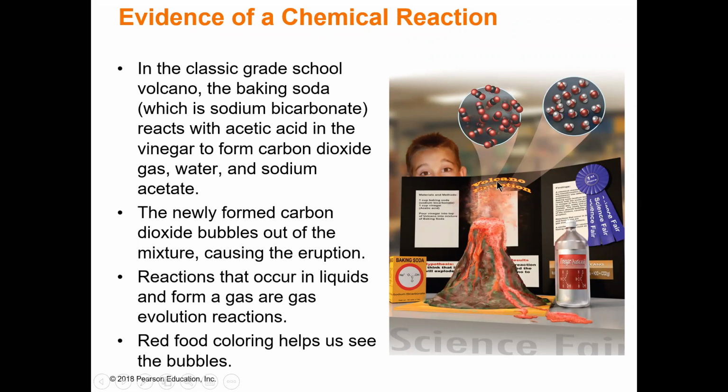The carbon dioxide gas is what makes it appear fizzy. The newly formed bubbles are a good indicator that a reaction has occurred. Anytime a liquid, a gas, or a solid forms when it wasn't initially there, like here, where we had a liquid and a solid and all of a sudden a gas formed, that's a good indicator that a chemical reaction has occurred.